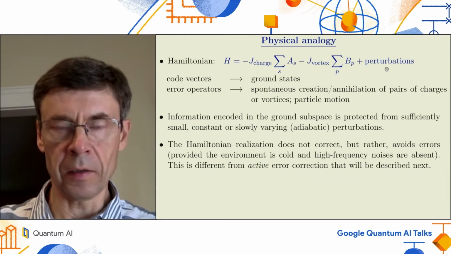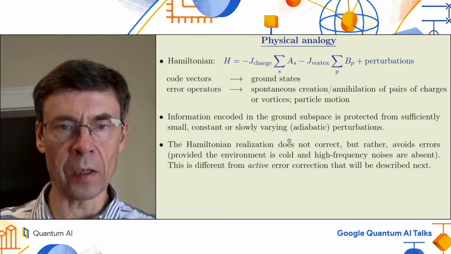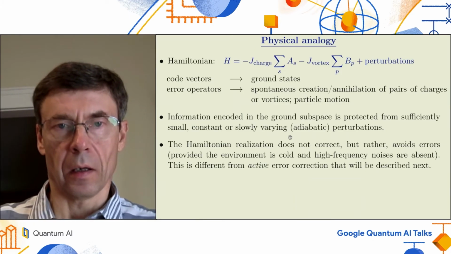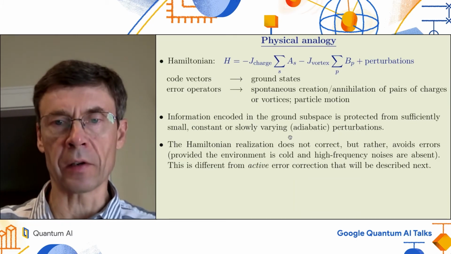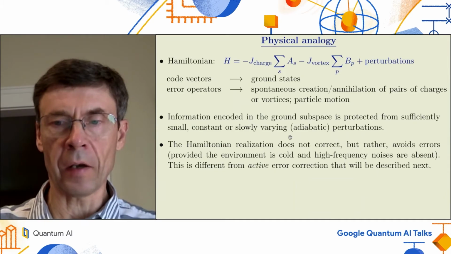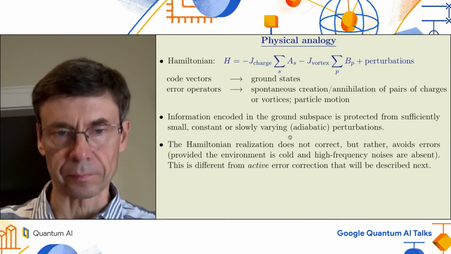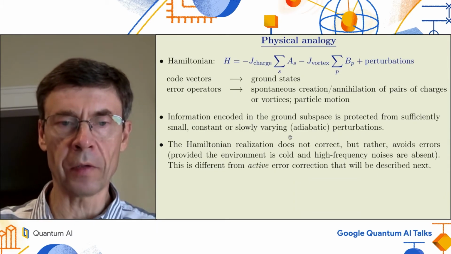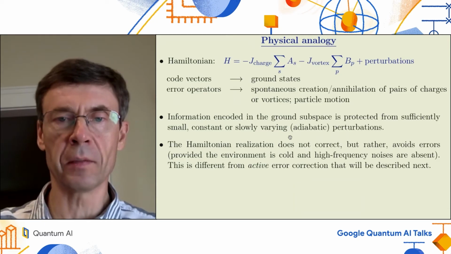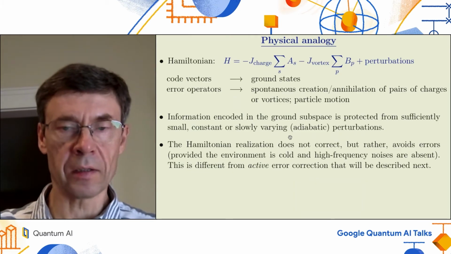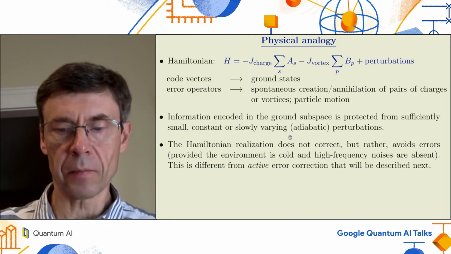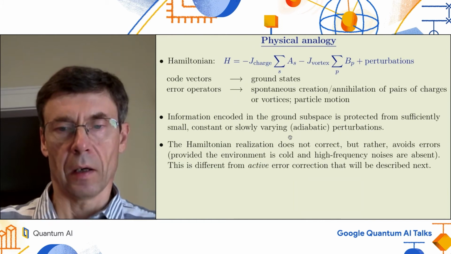It differs in one practical aspect. The Hamiltonian realization does not correct errors per se. It rather avoids errors. If we keep the environment cold, if we keep the system cold, then the errors will not happen. This can work in practice, at least in principle. It hasn't been realized in practice yet.